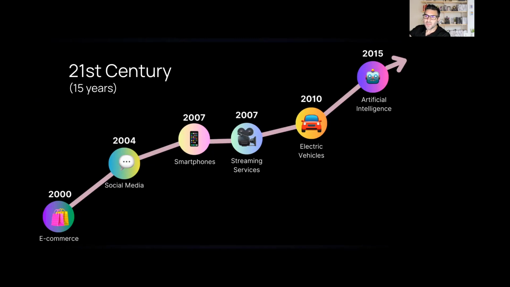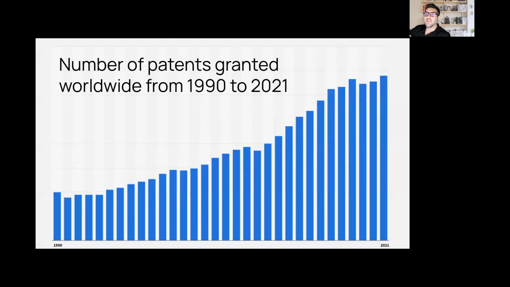And I think artificial intelligence is the greatest invention, and many people think that it's going to be the last invention humanity really needs to make. And speaking of, I'd like to share with you this graph that shows the exponential growth of patents in the last years.